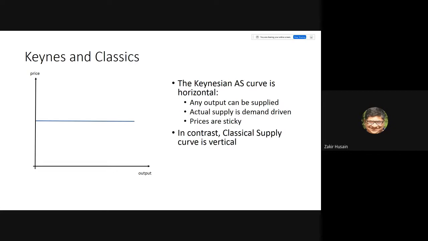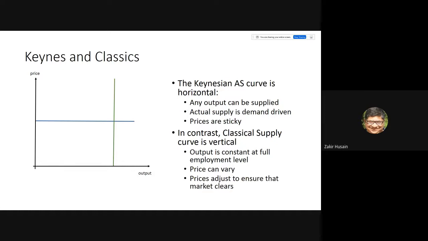In contrast, the classical supply curve is vertical, like this. What does it imply? Now, instead of price being sticky, output is constant. Output is constant at the full employment level. Prices can, however, vary. So, if demand changes, there will be an adjustment of prices so that the market will always clear.